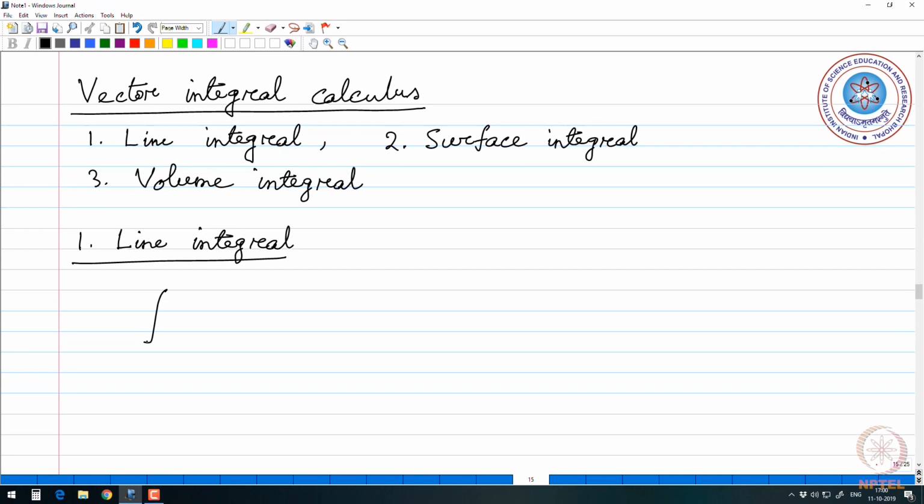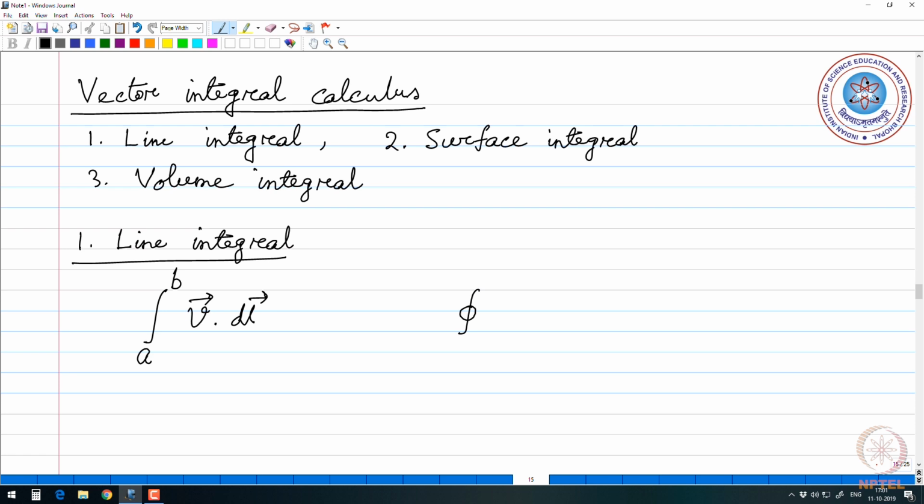So, if we have a line starting from point A to point B, this may be any line, a straight line, a curve or something else. We have a vector v, we have a dot product of this vector with a line element dl, and that represents a line integral. We can often have another type of line integral, that's over a closed line.